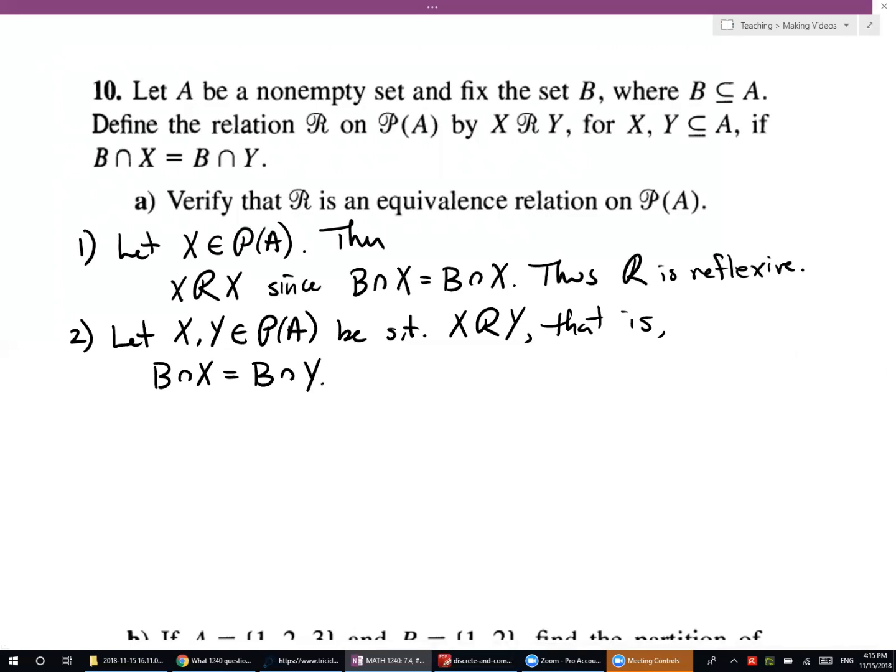I need to show now that Y must be related to X. But that's just saying that B intersect Y is the same as B intersect X, which is the same thing here. So that's exactly what I need to do. Since B intersect X is the same as B intersect Y, therefore B intersect Y is the same as B intersect X. It's kind of obvious, but I should say it, because then what I can conclude there, that's the definition of Y being related to X.